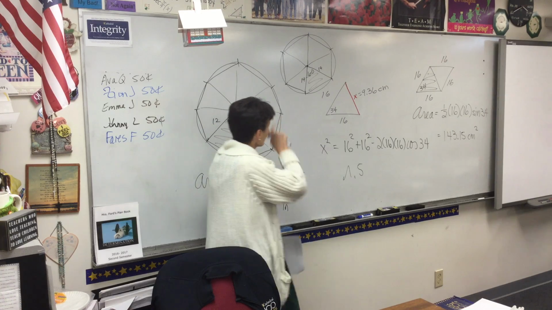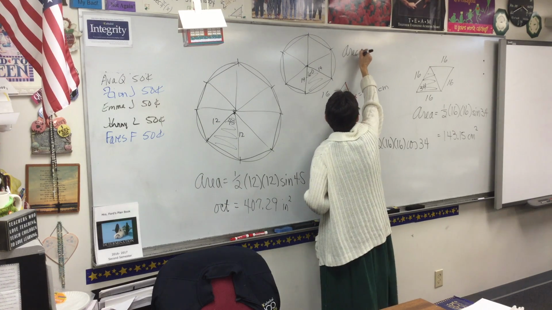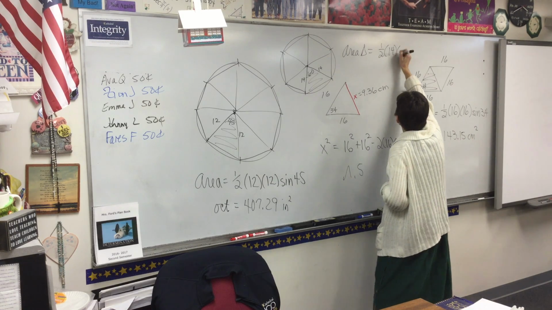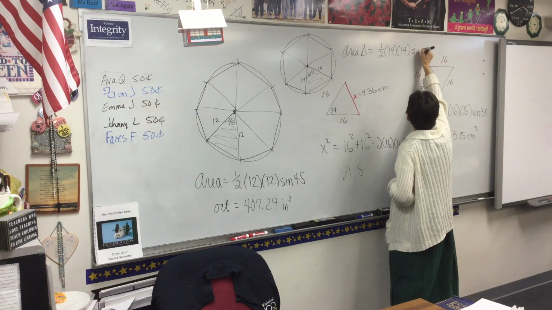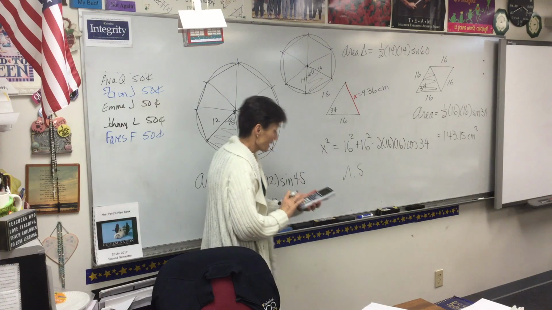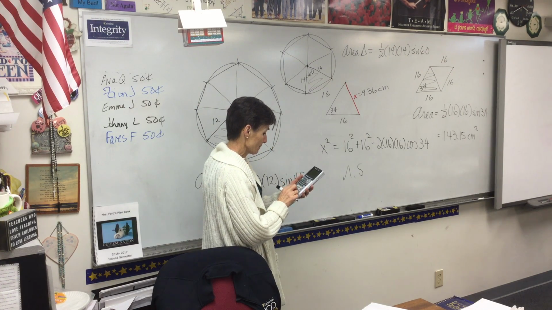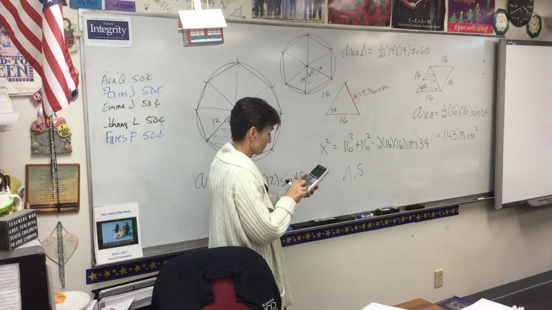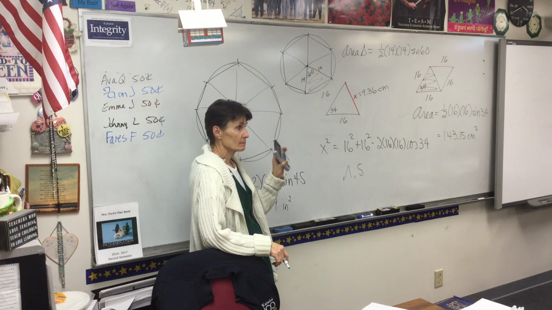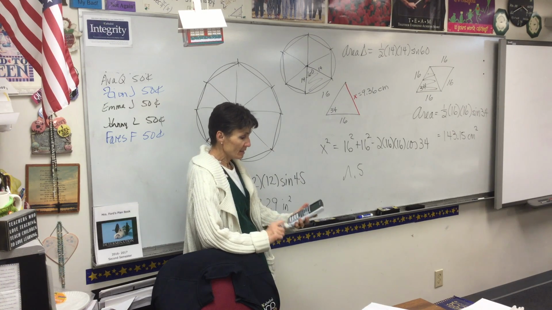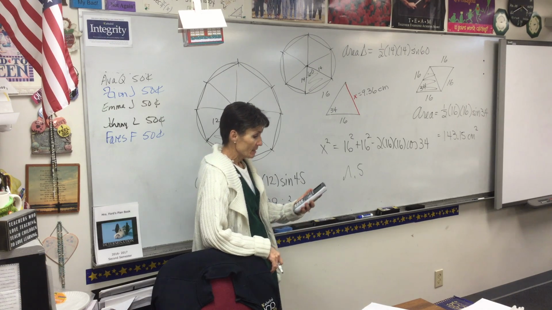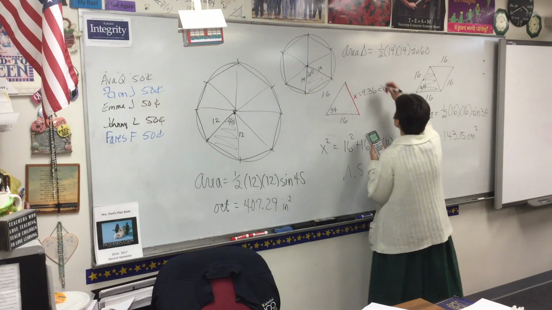So now, can I find the area of the triangle? What's the formula I'm going to use? 1/2 side, side, sine. I'm going to type that in on my calculator. And then, I'm not writing it down and rounding it off, I'm just going to hit times 6. 509.22.